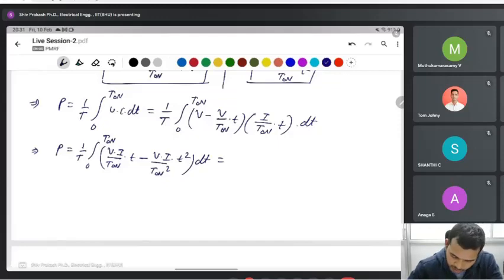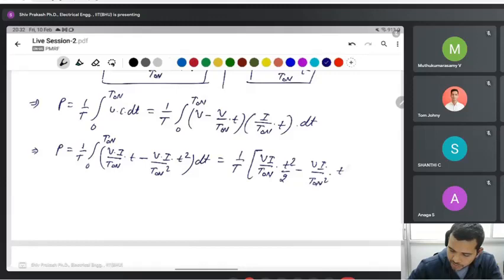V into I into t square divided by T on square. Integrating with respect to time, you find 1 by T, integration of V I by T on into t square by 2 minus V I by T on square into t cube by 3, from 0 to T on.